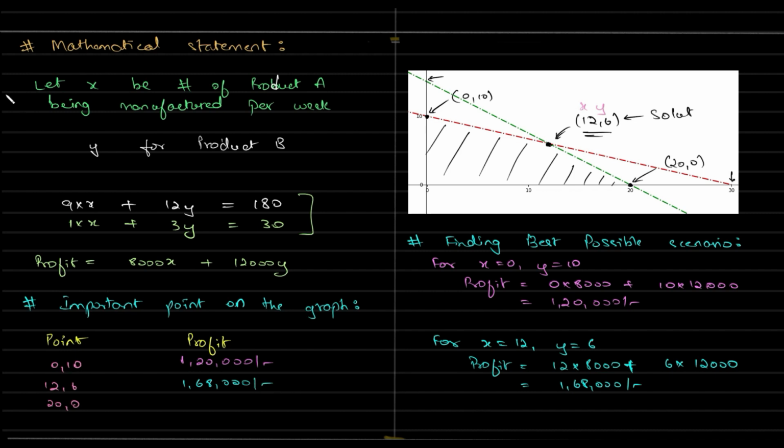And we have the last scenario for x equal to 20 and y equal to 0. Quite simple, 20 into this will be 1,60,000. So which is the best possible scenario? The company manufacturing 12 of product A and 6 of product B will be the best possible scenario for that company for this particular constraint.